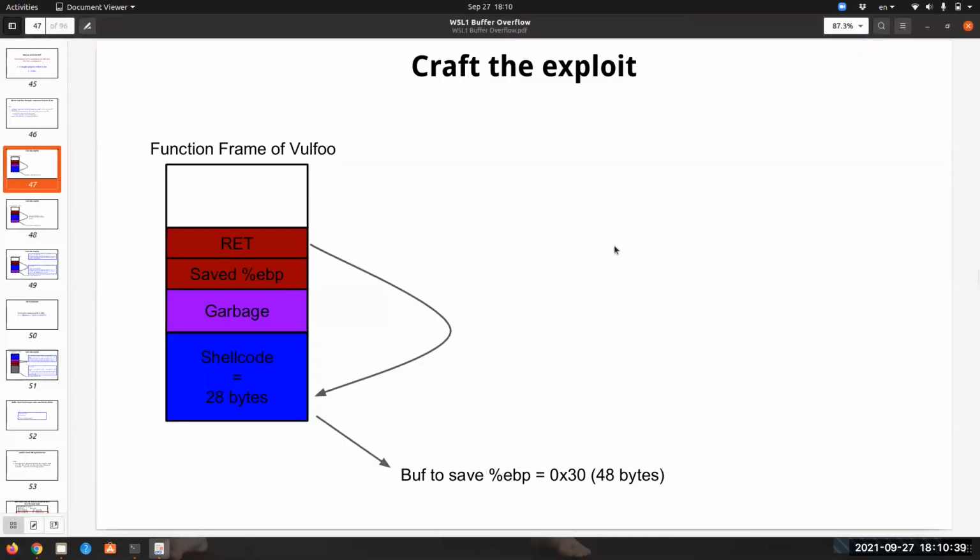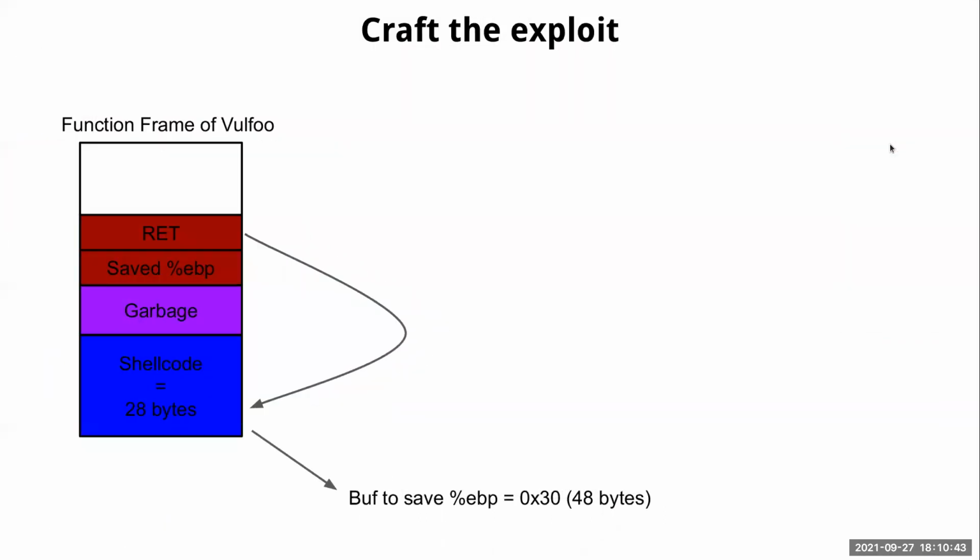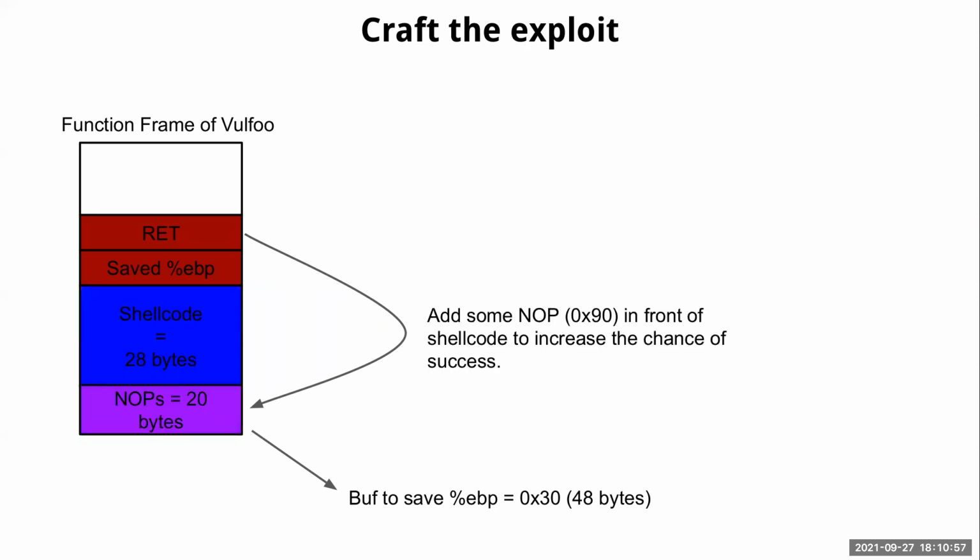So to make this a little bit more flexible for us, instead of wasting that 20 bytes as garbage, we're going to put this shell code here, and that 20 bytes we will just give it a nop. Show you what it looks like, something like this.